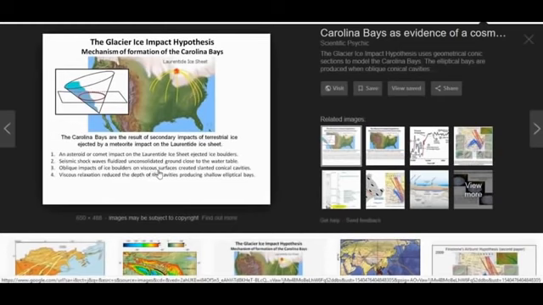Oblique impacts of ice boulders on viscous surfaces created slanted conical cavities, elliptical bays, basically. And so that's why they're saying there's no trace of the ice boulders that hit it. Eventually all traces of those ice boulders are gone, and all you're left with is the bays.